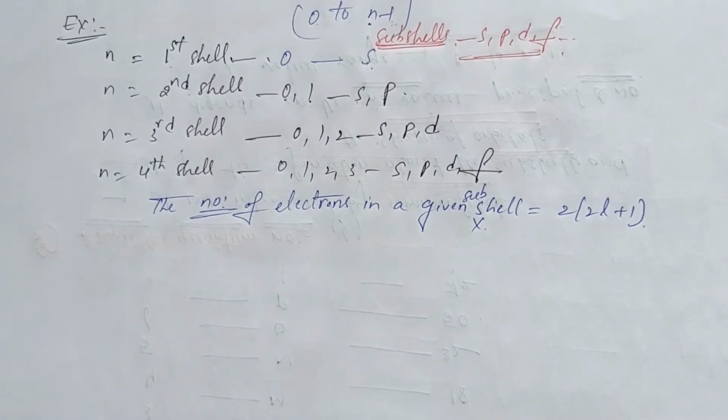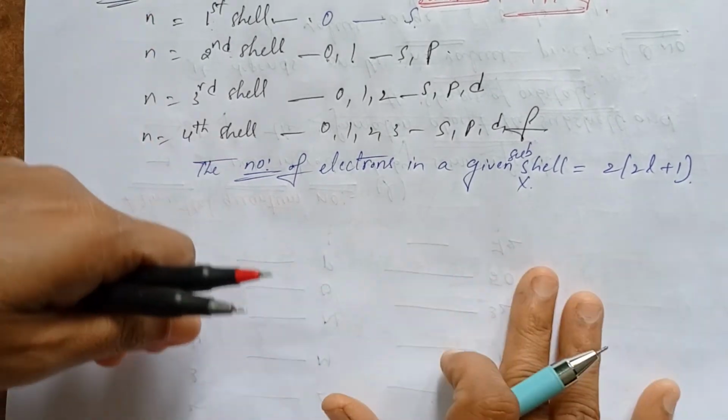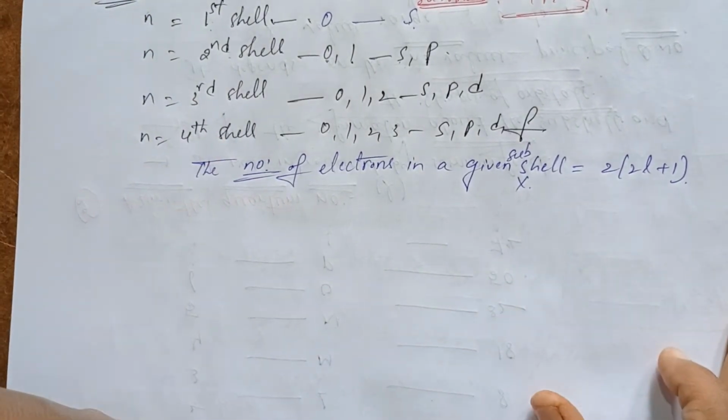Okay. Now see, students, here is one table I want to discuss with you. Shell, subshell, number of electrons in shell, number of electrons in subshells.